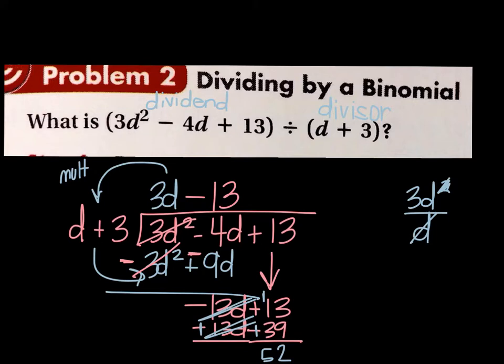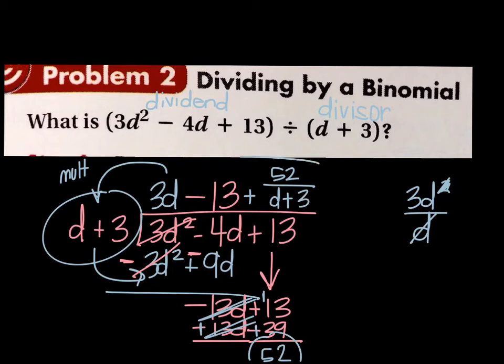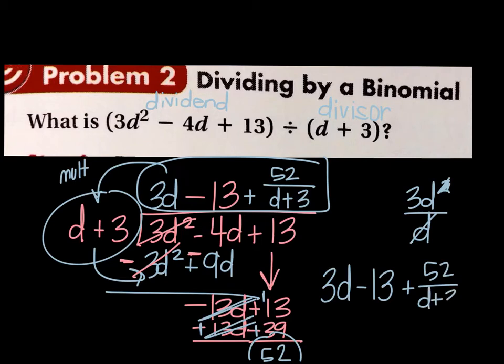So I take my remainder and I put it over the divisor. So it's going to be plus 52 over d plus 3. So my answer from all of this work is going to be 3d minus 13 plus 52 over d plus 3.